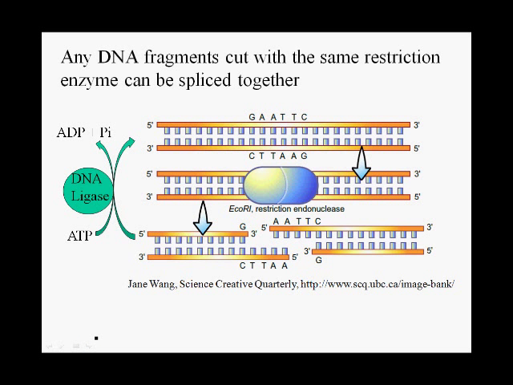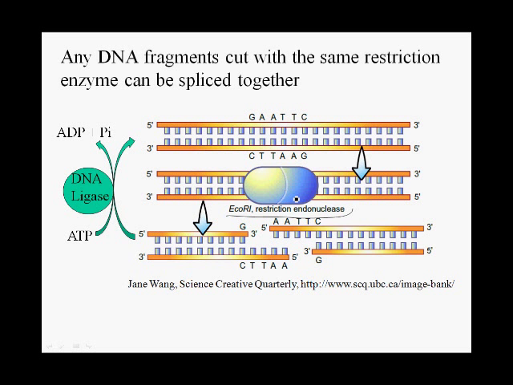Okay, before we get too much further along, let's talk about restriction endonucleases. Here this figure shows EcoR1, which is one of many restriction endonucleases found, isolated and purified from many different species of bacteria.